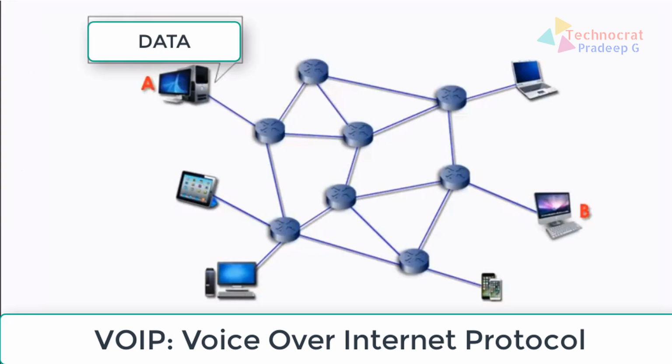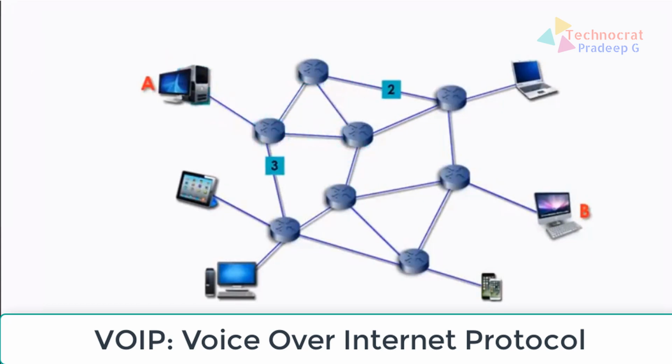Your data is broken into smaller pieces called packets, and each packet will have a source IP address, a destination IP address, and sequence numbers. Whenever you try to communicate, data packets need not follow the same path. Whichever path is freely available, they'll flow through that path and reach the destination, because every individual packet has a source address and destination address, and they know where to reach. The routers will route those packets towards the destination.